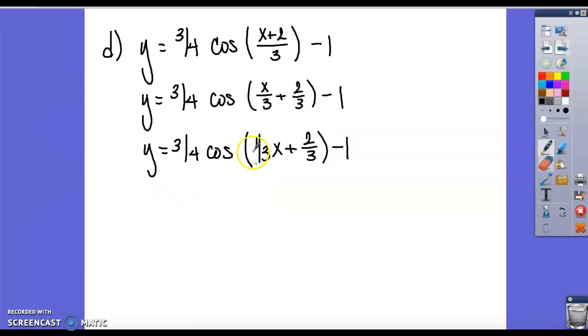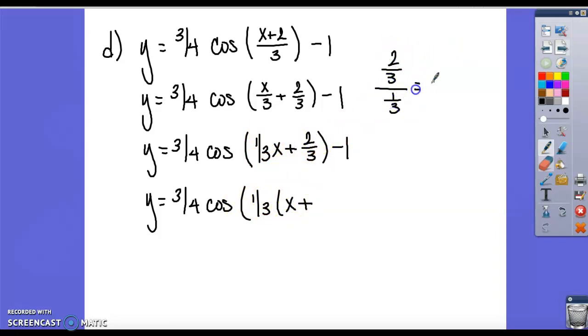Now to write this in standard form, I need to factor out the number in front of x, and the number in front of x is 1/3. So I have 3/4 cosine of 1/3 times x plus, and this is division. 1/3 x divided by 1/3 is 1. 2/3 divided by 1/3 is 2/3 times 3 over 1. These cancel, so that's 2.